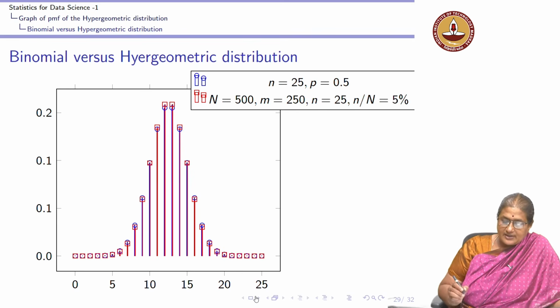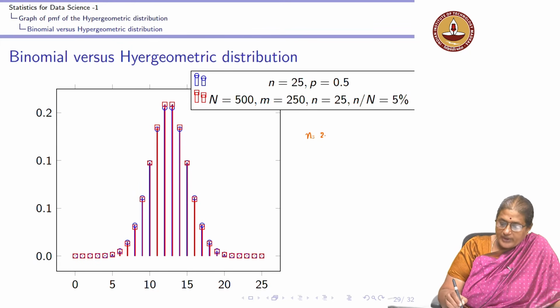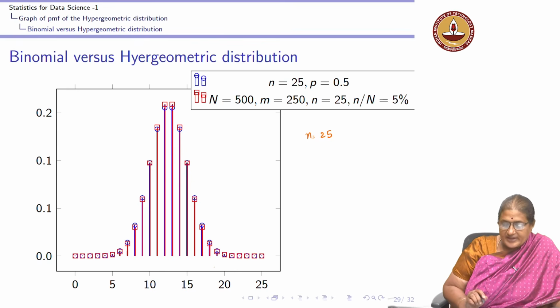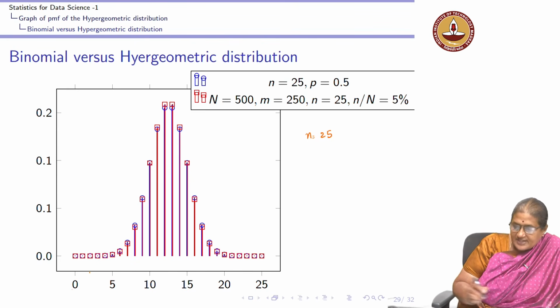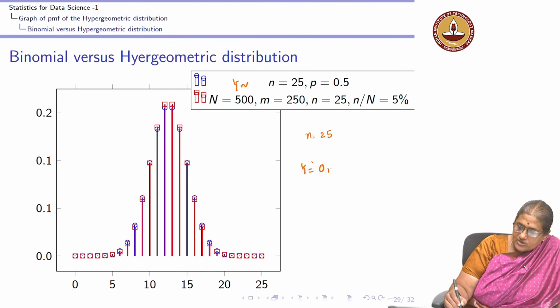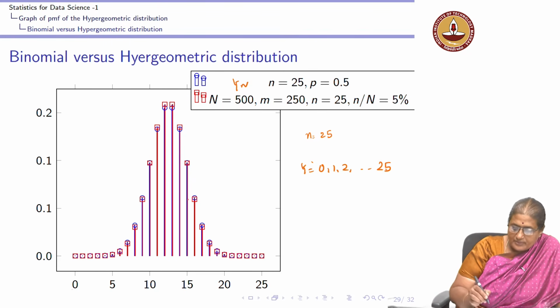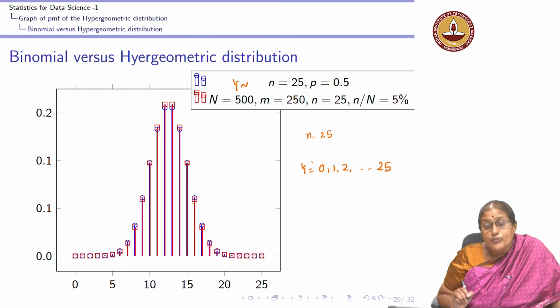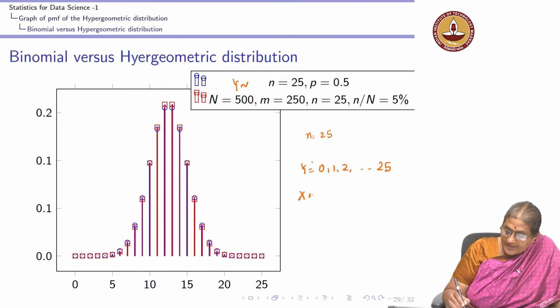Now, let us look at n equal to 25 and p equal to 0.5. Again, I get a symmetric distribution. If Y is my binomial distribution, Y takes the values 0, 1, 2 up to 25, and this probability mass function is again given by my blue bars here. Now, X is a hypergeometric with parameters 500, 250 and 25.